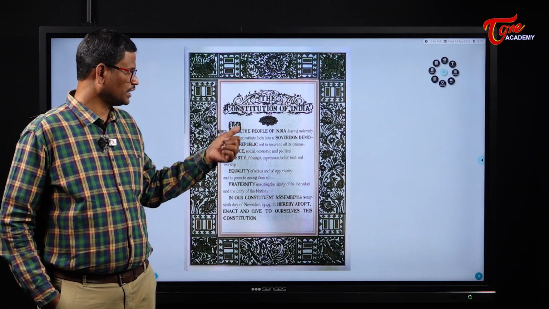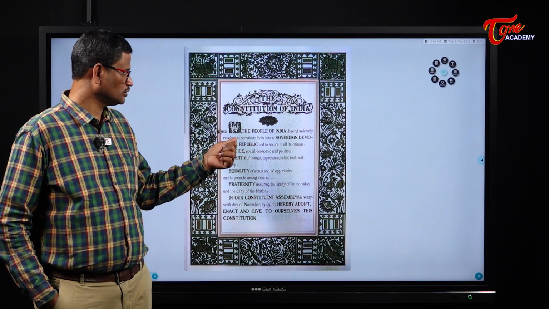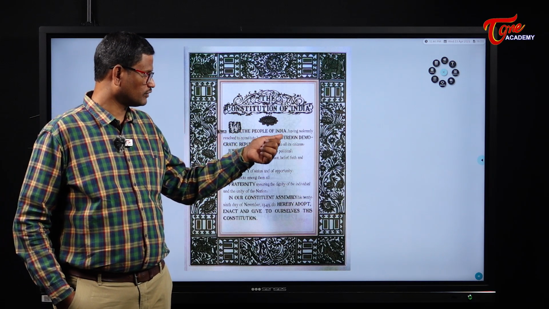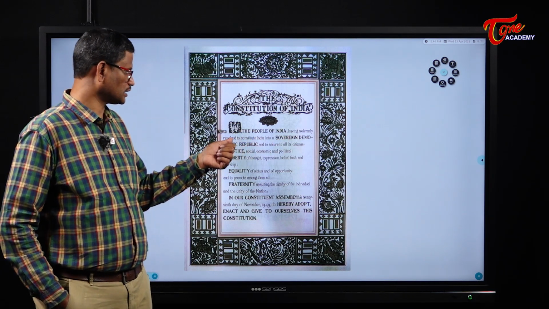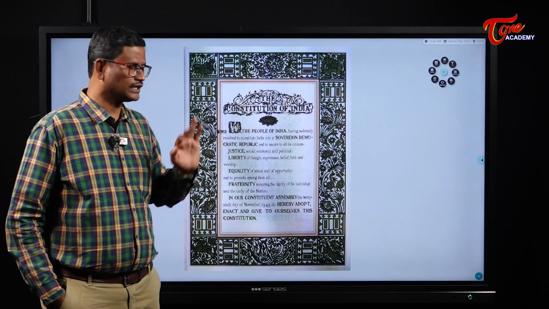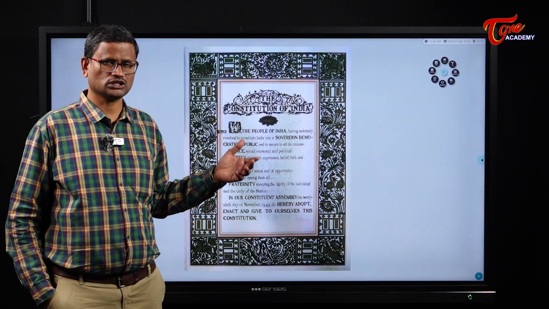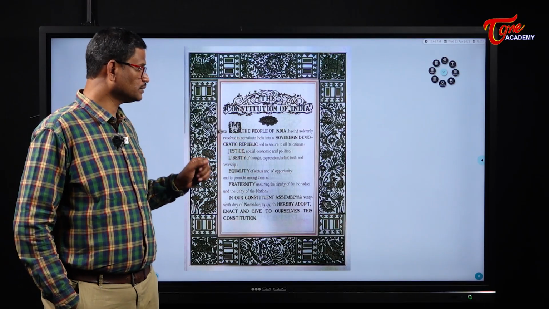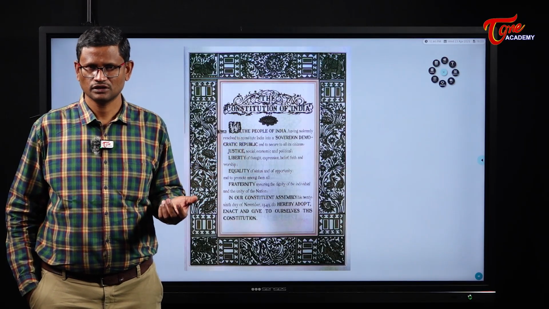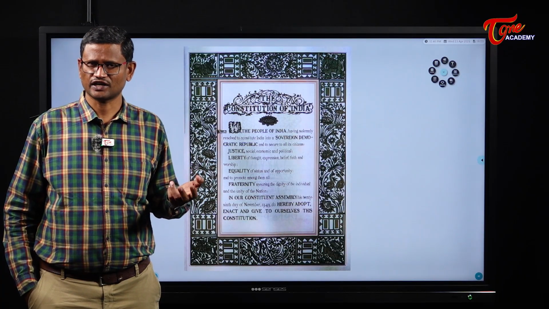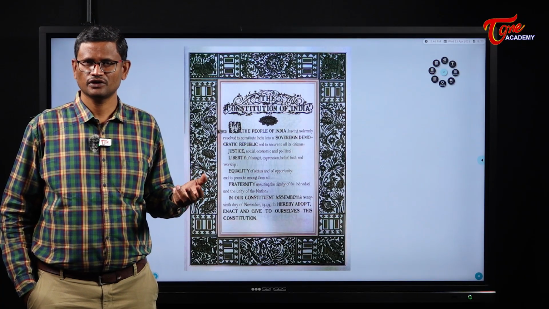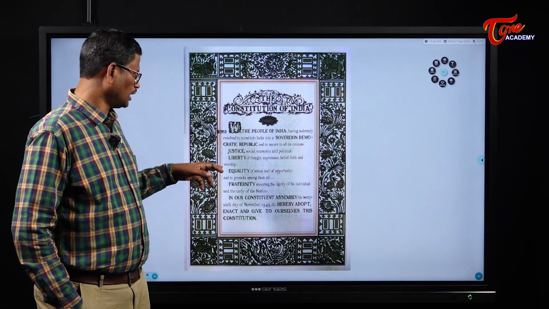We the people of India, having solemnly resolved to constitute India into a sovereign, socialist, secular, democratic republic, and to secure to all its citizens justice. What kind of justice? Social, economic and political. Liberty. What kind of liberty? Liberty of thought, expression, belief, faith and worship.